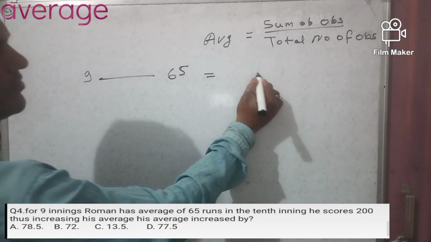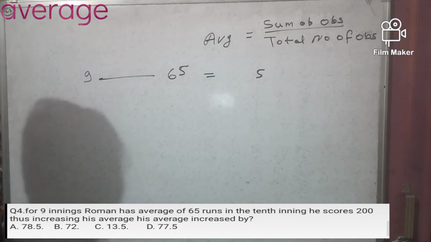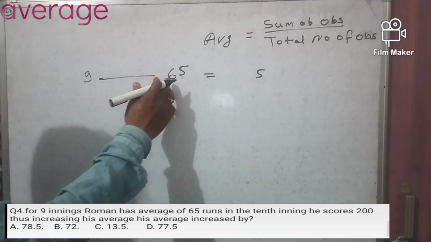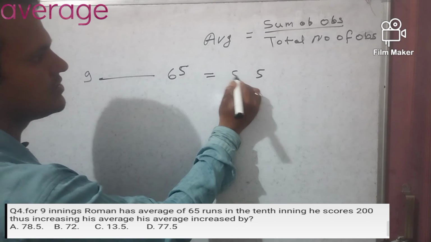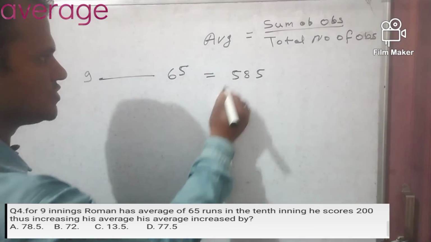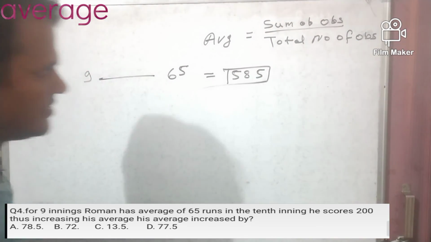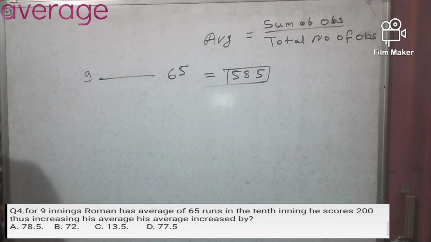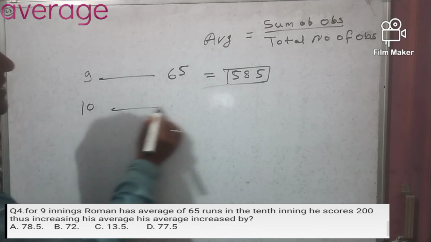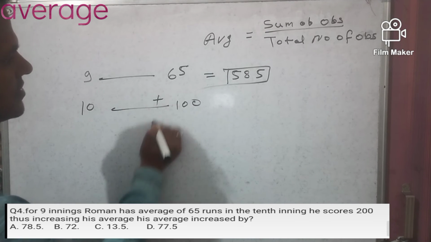So 9 fives are 45. Remainder 4. 9 sixes are 54. 54 plus 4 will be 58. So his score in 9 innings is 585. In the 10th inning he scores 200. So plus 10th inning 100, right?